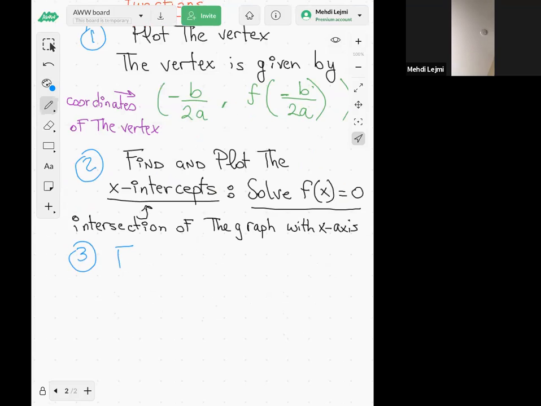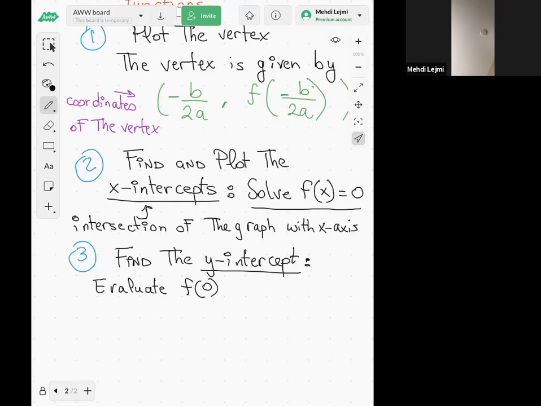The y-intercept is the intersection of the graph with the y-axis. And how do we find the y-intercept? Well, you just evaluate f of 0.